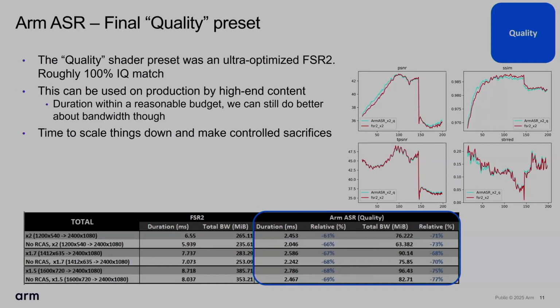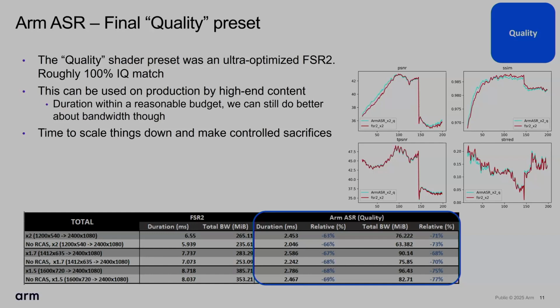So, okay, let's get things moving. We started with the image quality preset, and here we were focusing mostly on the non-intrusive optimizations. As I said, any kind of micro optimization that we could do without sacrificing quality. And I think we did a pretty good job. As you can see on the chart, top right of the slide, we roughly get 100% image quality match compared to FSR2. As a matter of fact, ASR is slightly above FSR2 in this chart for some reason.